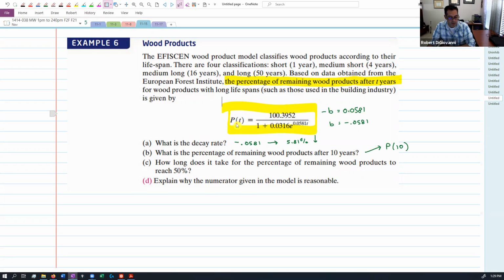So on part C, we want to know when this equals what. This is tricky. That's why I don't want you to go too far before I explain this. They want to know how long it takes for the percentage to reach 50%. So what am I going to set this thing equal to? 50 or 0.5? What do you think?